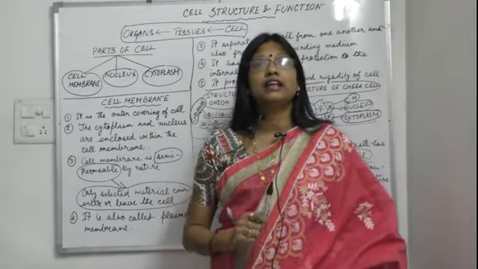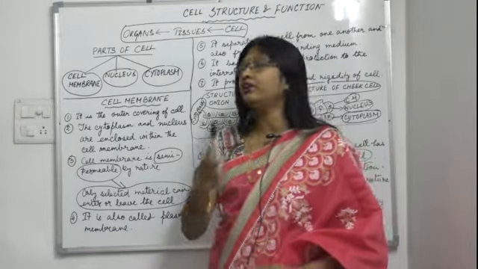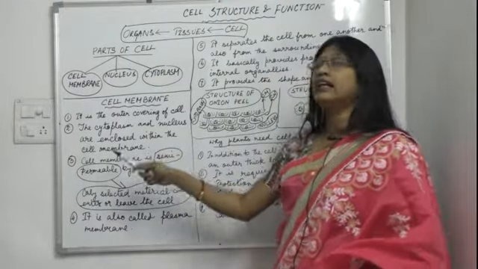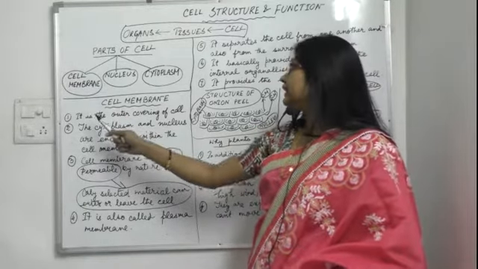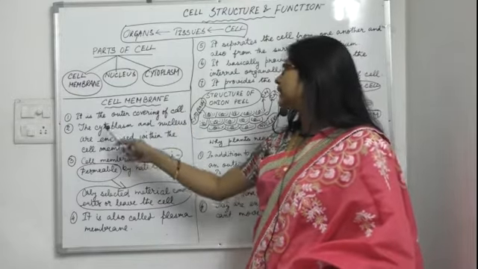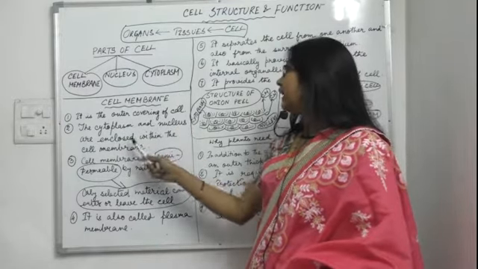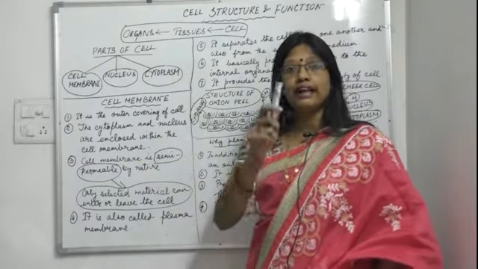So the first point is, it is the outer covering of the cell, and the second point is the cytoplasm and nucleus are enclosed within the cell membrane.